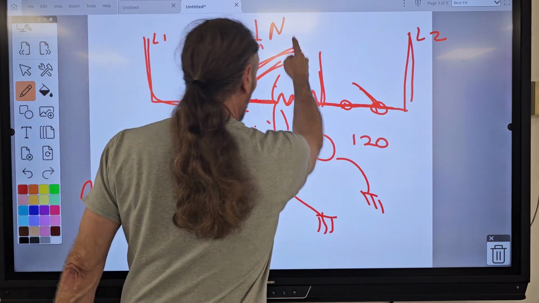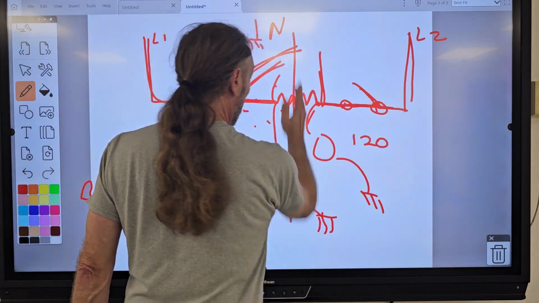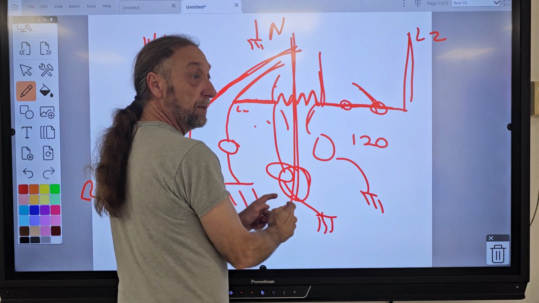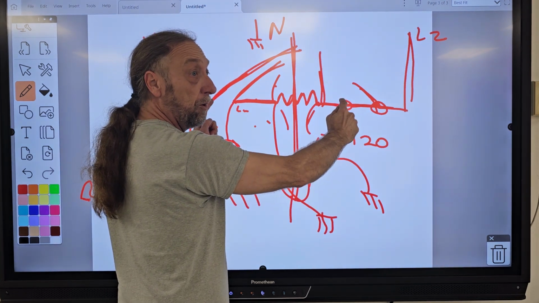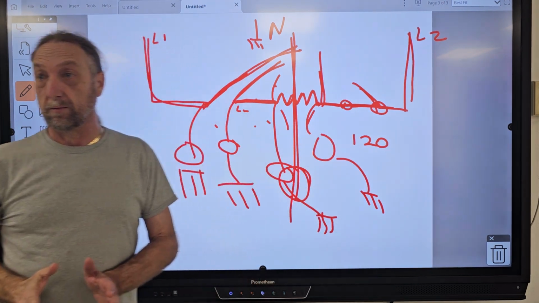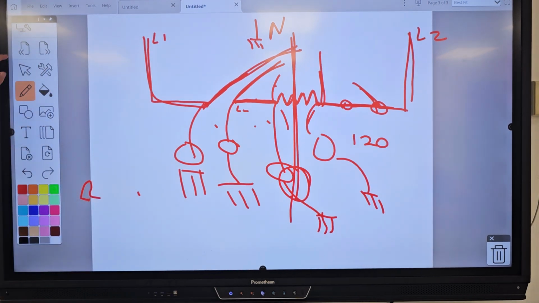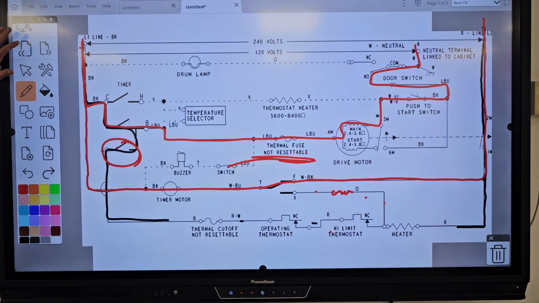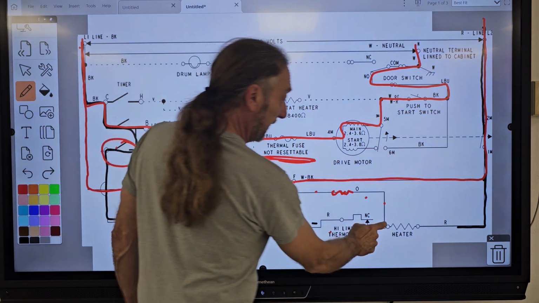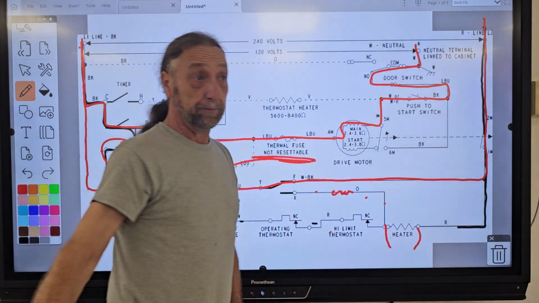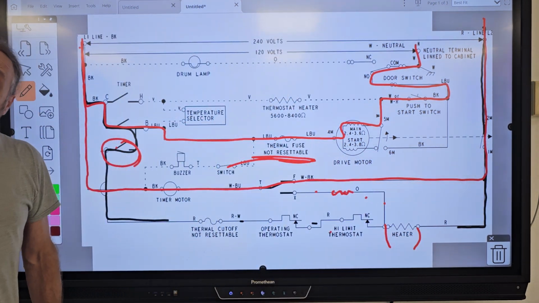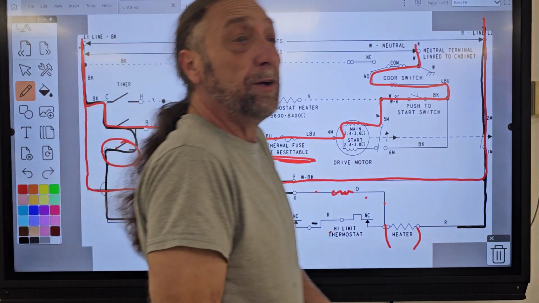But we don't want to put our meter leads across any switches or controls. We want to keep the meter where the load is, where the two leads are getting its power, and we're looking for 240. So when we're checking a 240 volt circuit, we want to go right to the heater and look for 240. If I don't have 240 there, what do I do next?